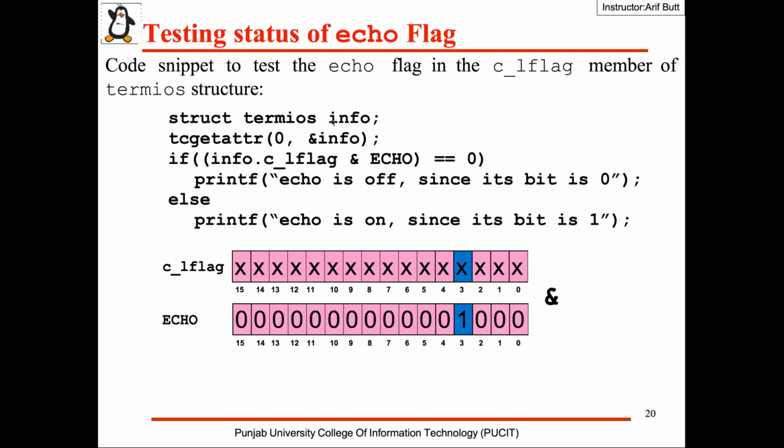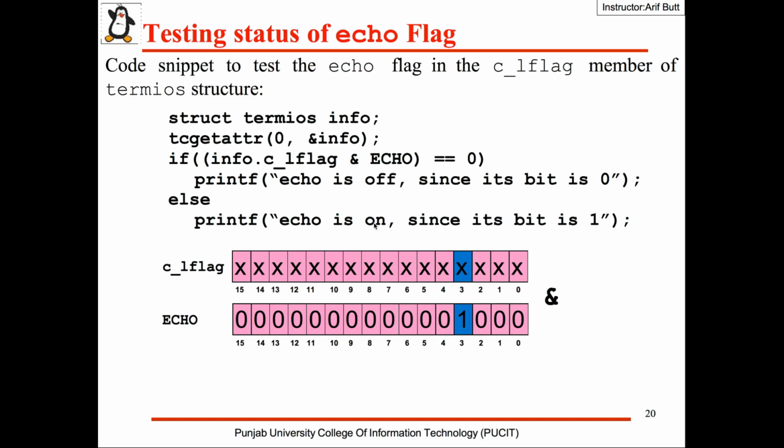I've created the termios structure. I've called tcgetattr with a 0 over here. This termios structure named info will be populated, and then I have bitwise ANDed the local flag member of info with this ECHO constant, and if the answer is 0, that means echo is off, otherwise echo is on.